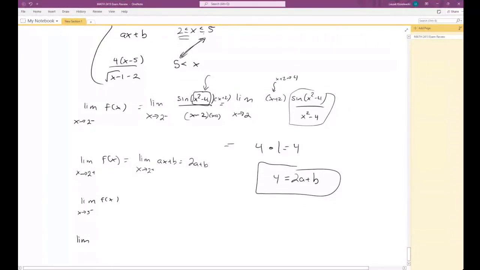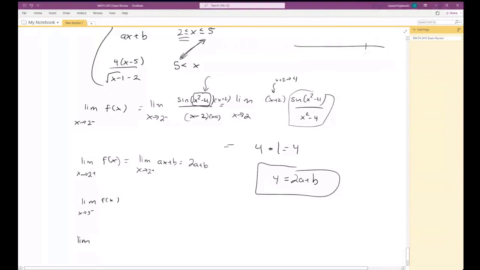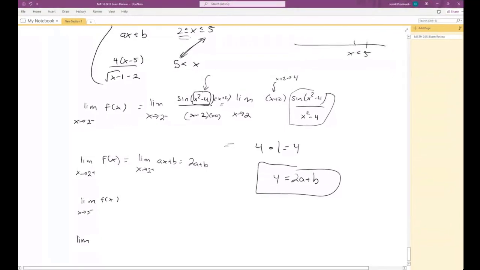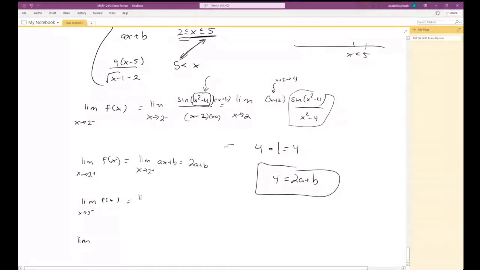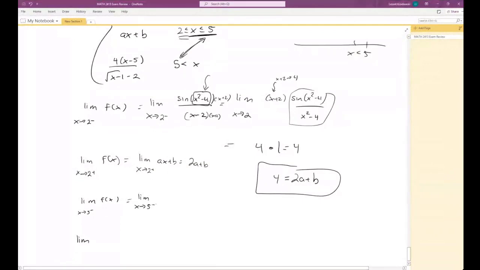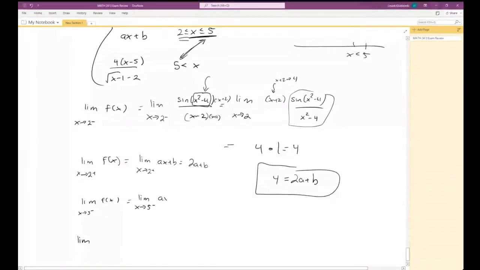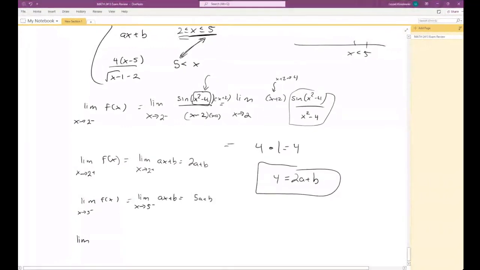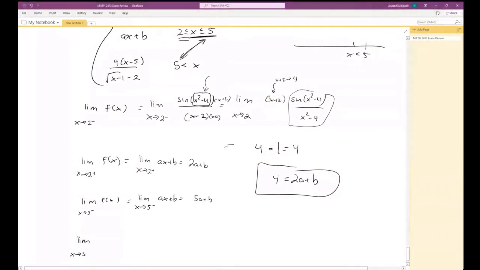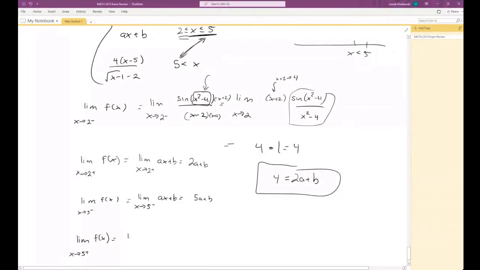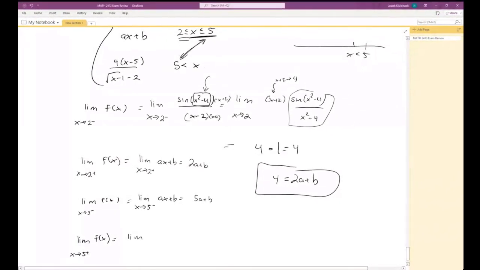X is slightly smaller than 5 as x approaches 5 from the left. So ax plus b, the middle piece. So you get 5a plus b. Now x is going to approach 5 from the right as well. So this time you'd use the last piece where x is bigger than 5.